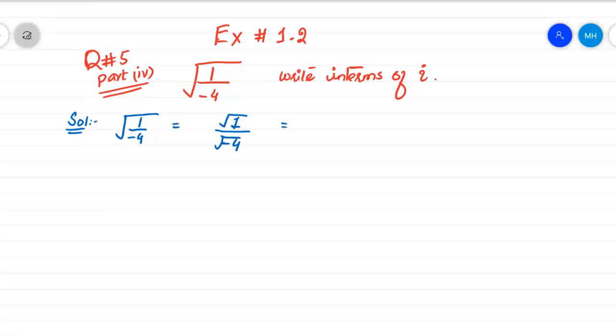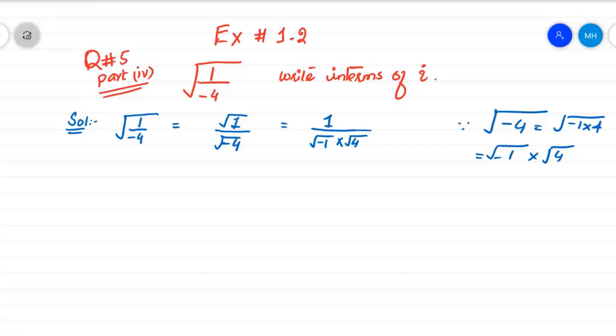So square root of 1 is what? 1, right. Now you can split this number as square root of negative 1 multiplied with square root of 4. I have split this number, we can write it like this, minus 1 times 4, with negative 1 under the square root multiplied with 4.